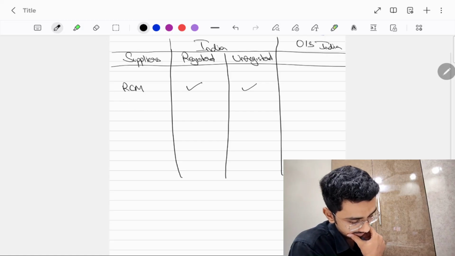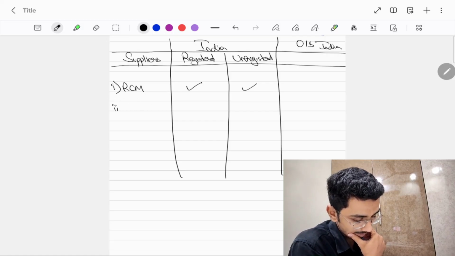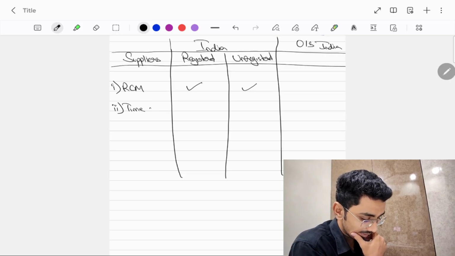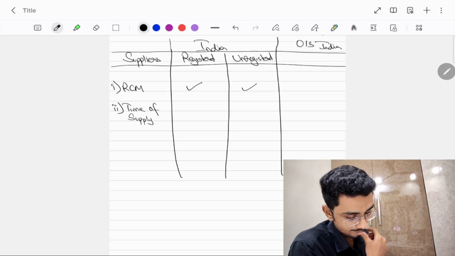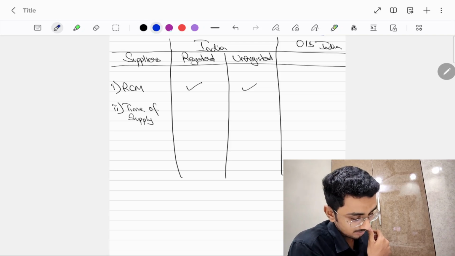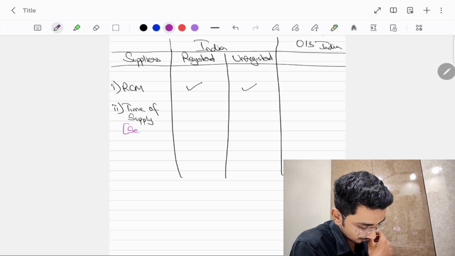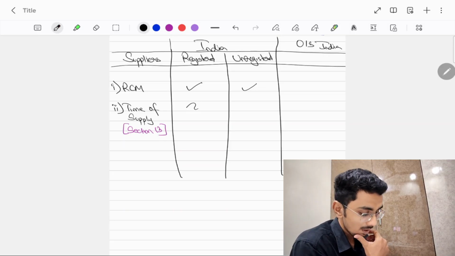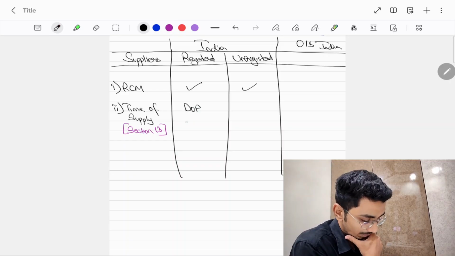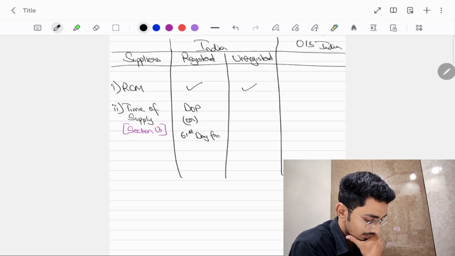Once the first check is done, the second check: what will be the time of supply? Time of supply is with reference to Section 13. For a registered person, the time of supply is the date of payment or the 61st day from the date of invoice.